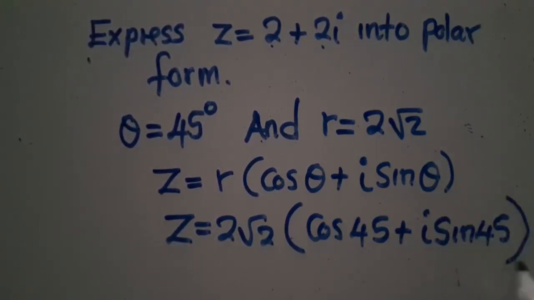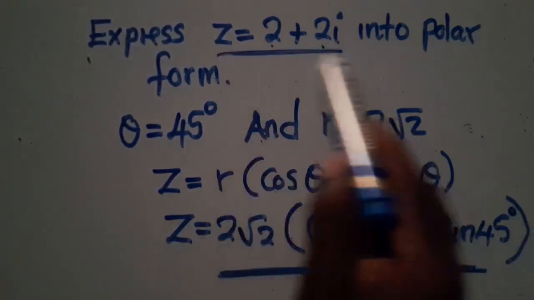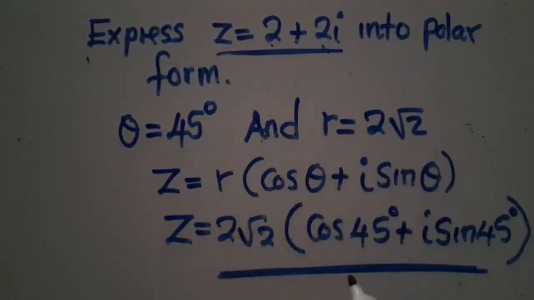So you've changed it now. This is your answer. You've expressed it in polar form. These are degrees. You've expressed that complex number in polar form like this.